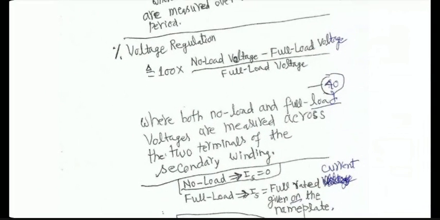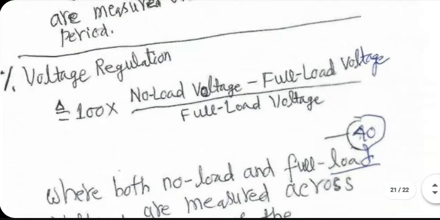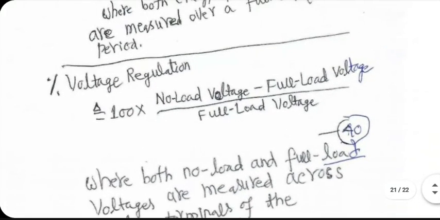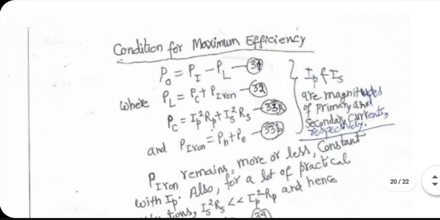Another important practical performance parameter for voltage transformers is the so-called voltage regulation. We'll be doing a lot of calculations on this later, but today you look at the concept. Magnitude of the no load voltage, that means you connect nothing to the output of the secondary.